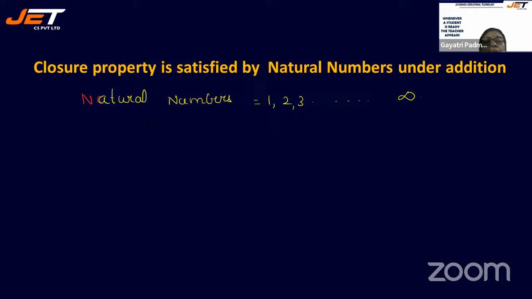For the closure property, you can add any natural numbers: 2 plus 3 is going to give you another natural number, 5. Next, you take 11 plus, say, 12. These are also natural numbers, which is going to give you 23. This is also a natural number.